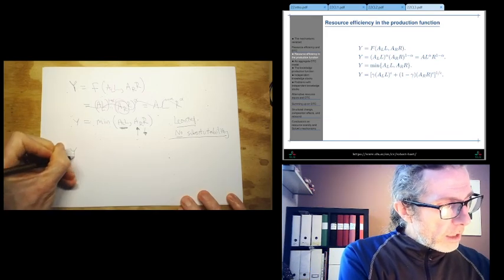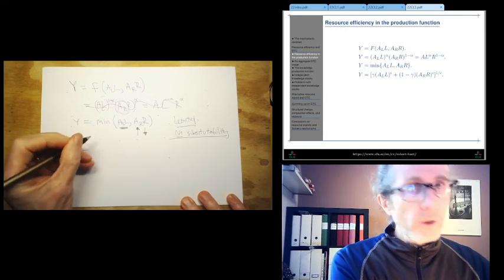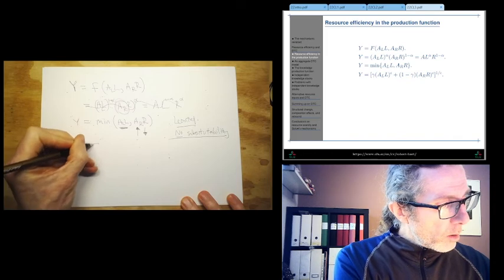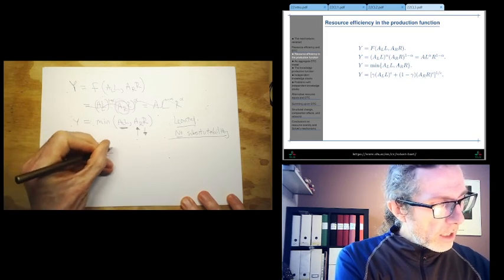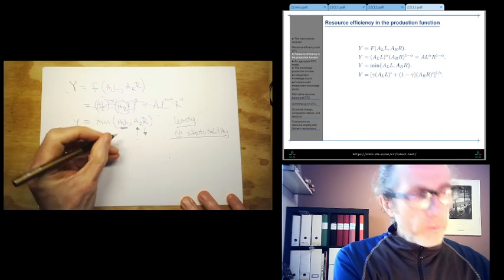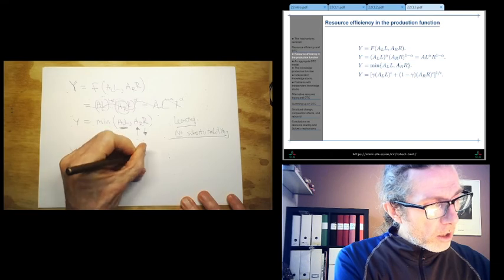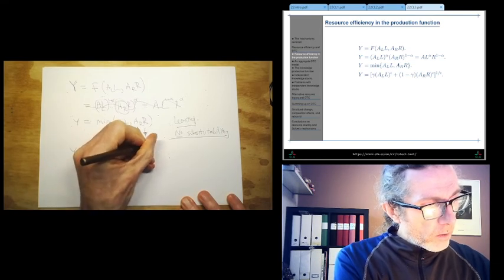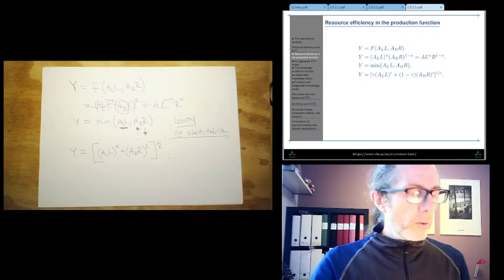We can. I'm going to drop those gammas because most of the time in this course we're not going to need them. We can say Y is (A_L L to the epsilon plus A_R R to the epsilon), all to the 1 over epsilon.